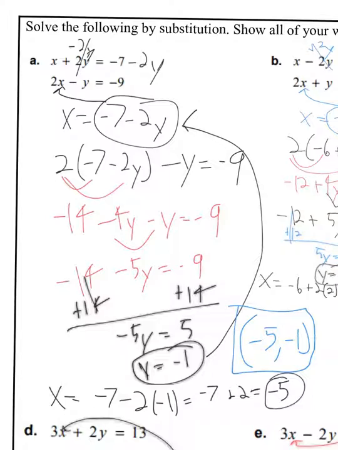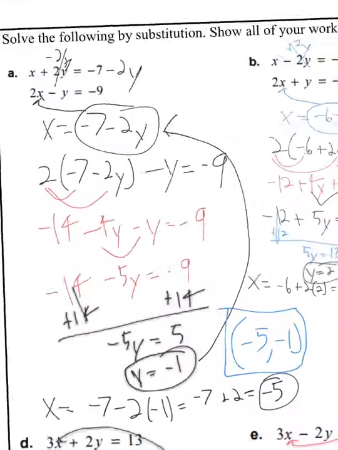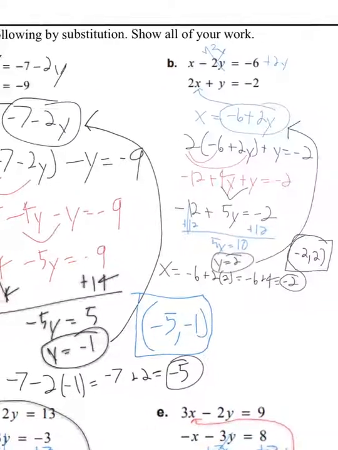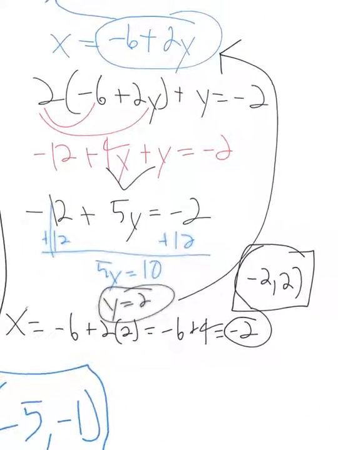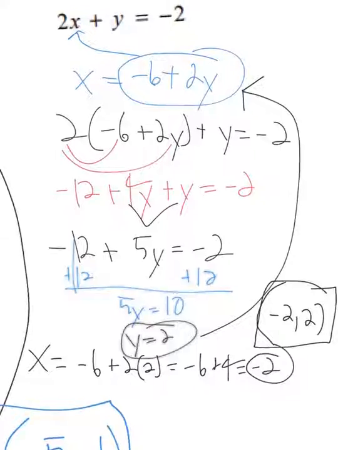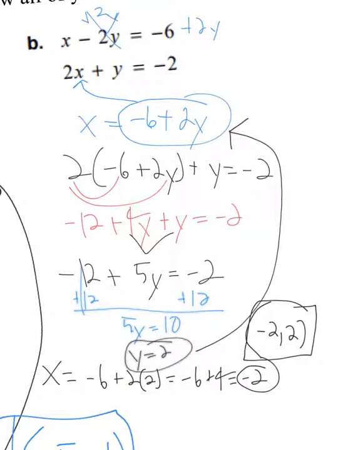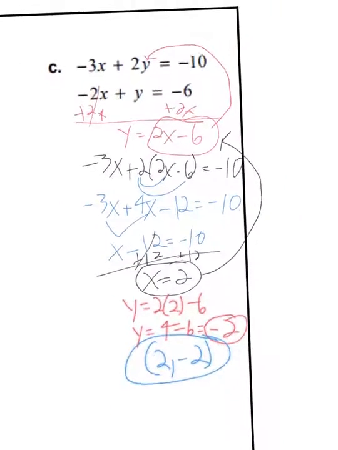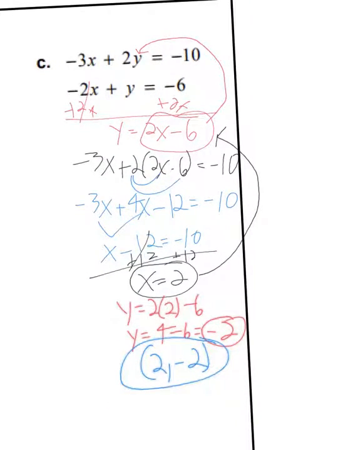Okay, so for this first one, I got a final answer of negative 5, negative 1. For the second one, I got negative 2, comma, 2. And for the third one, I got 2, comma, negative 2.